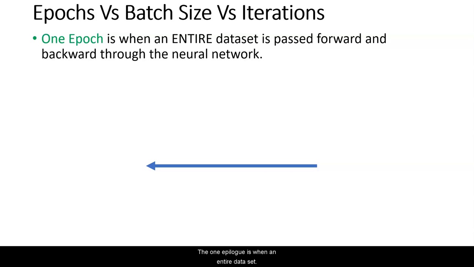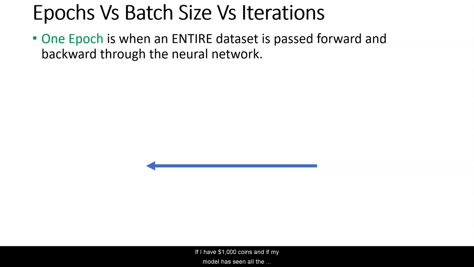So one epoch is when an entire data set is passed forward and backward through the neural network. Or in short, one epoch is when we have completed the training of our entire data set once.